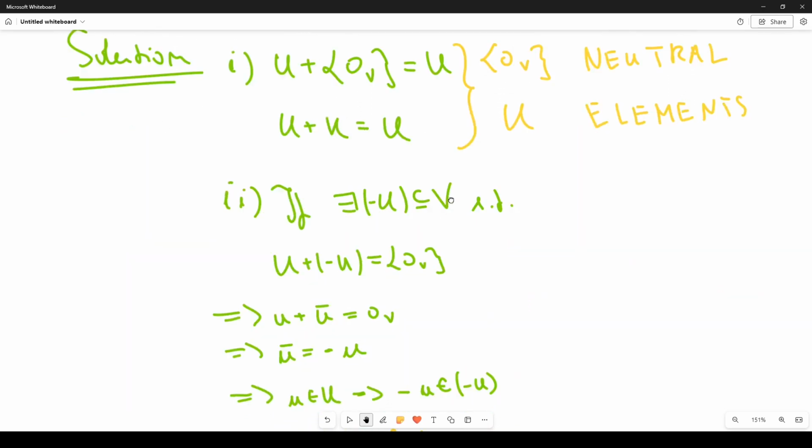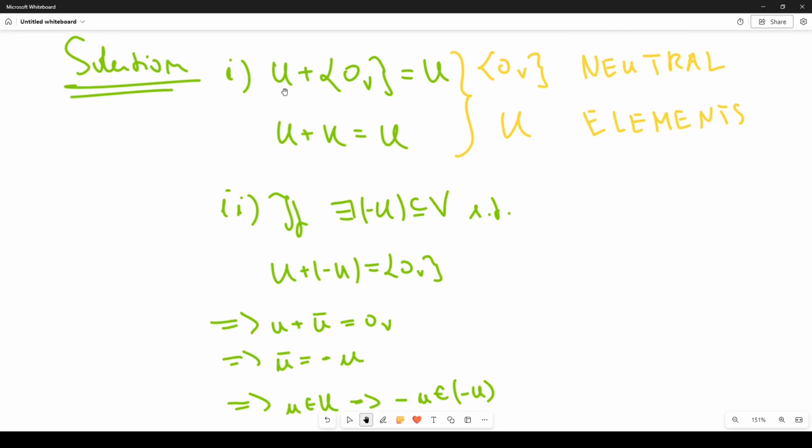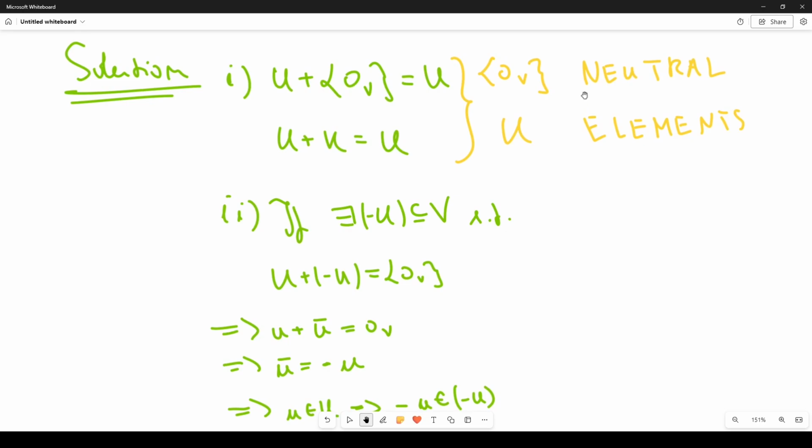Well, for the neutral additive elements, we have that U plus the zero subspace is just U, and previously we've shown that U plus U is equal to U. So these are the neutral elements.